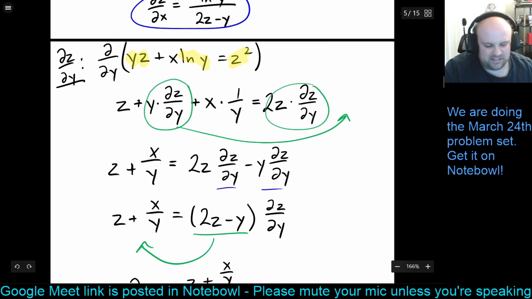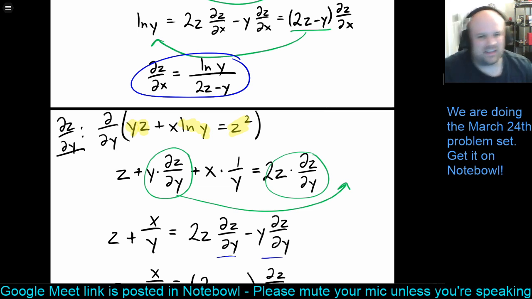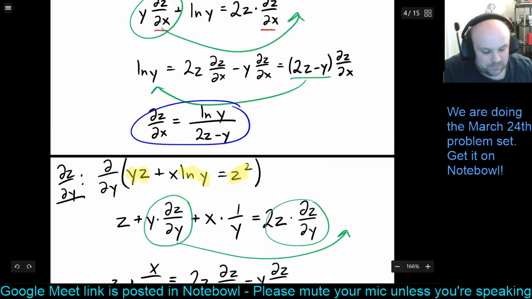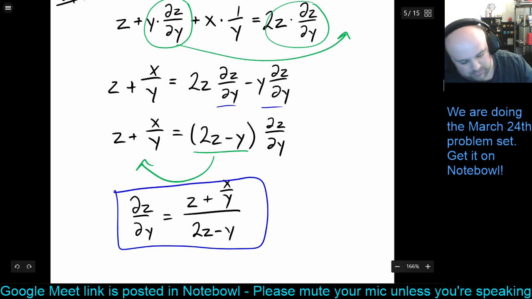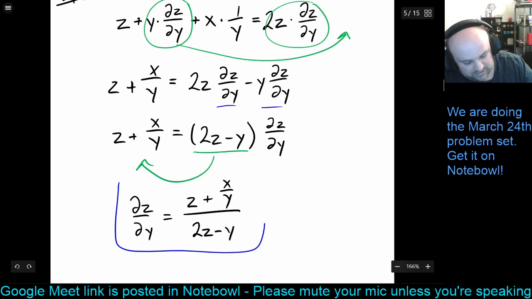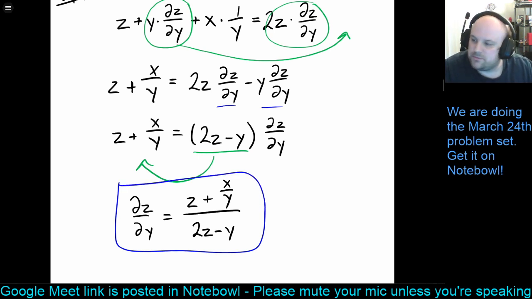To me, this one just feels more like implicit differentiation. It's not a formula to memorize or anything like that. There's all sorts of ways to do this, and again, whatever works best for you is obviously the thing to do.